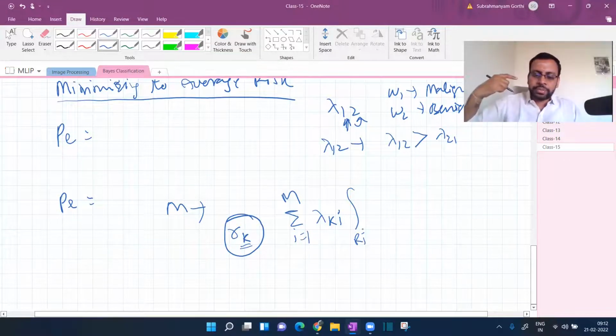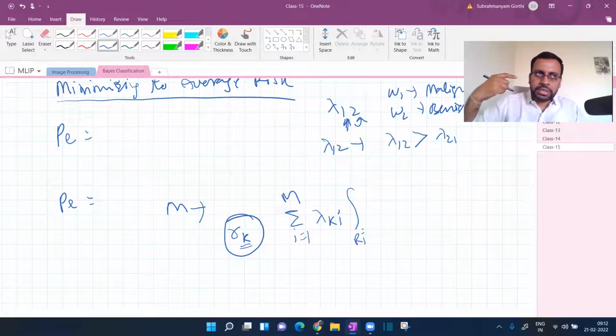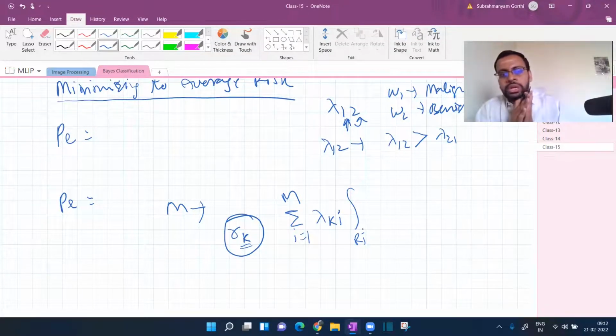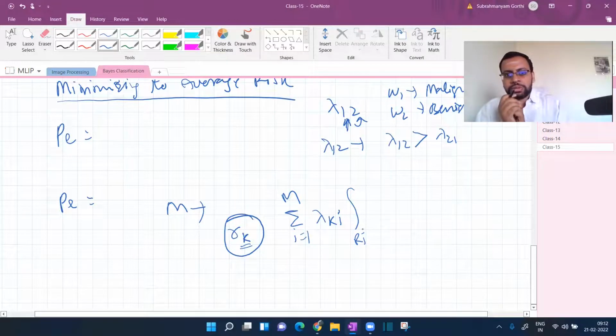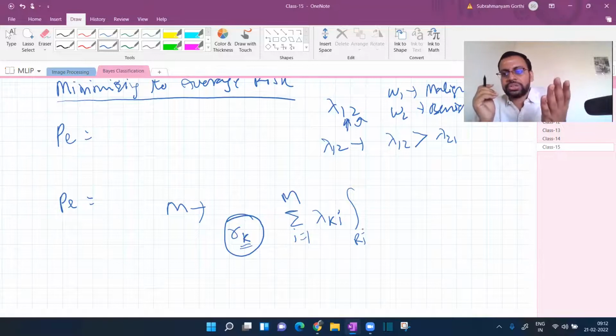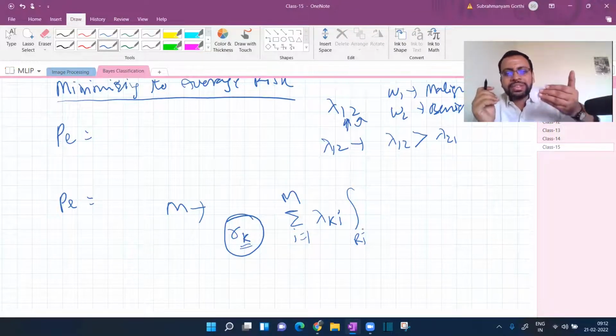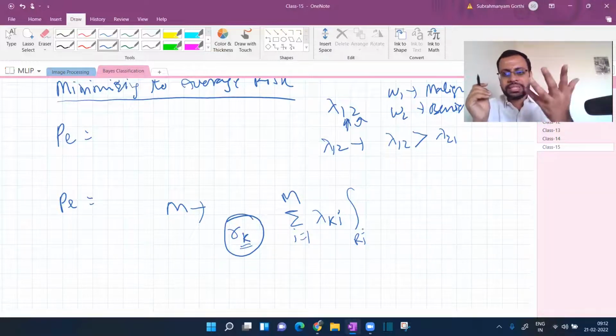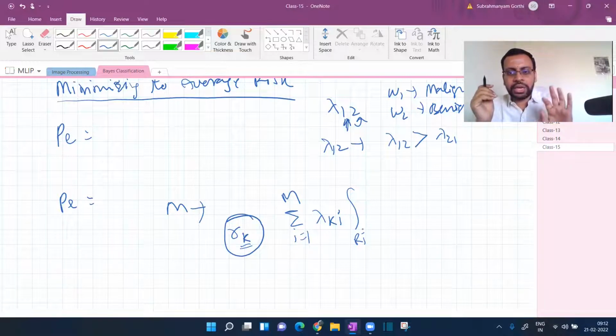The summation gives the total penalty, or total risk, whatever you may call it. Then we slightly rearranged those terms such that instead of class-wise penalties, we have region-wise penalties. We realized it's a linear relationship there.